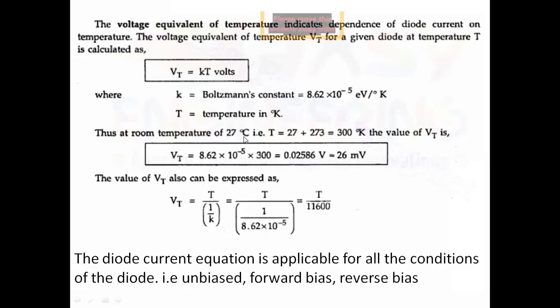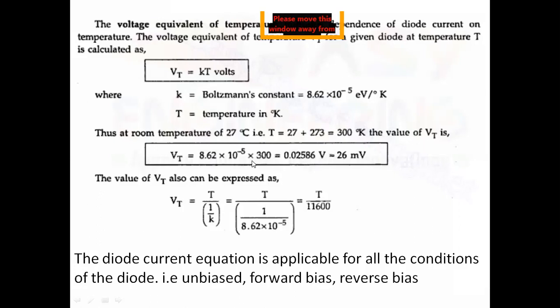We have to convert degrees Celsius into Kelvin, so we add 273 to 27, which gives 300 degrees Kelvin.